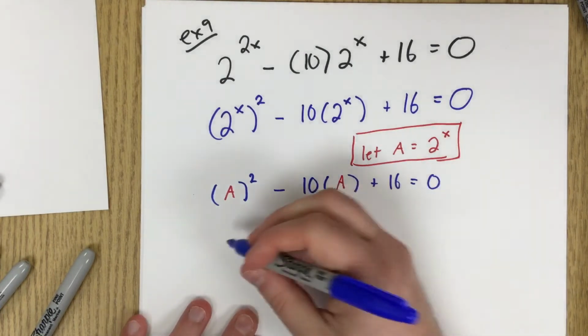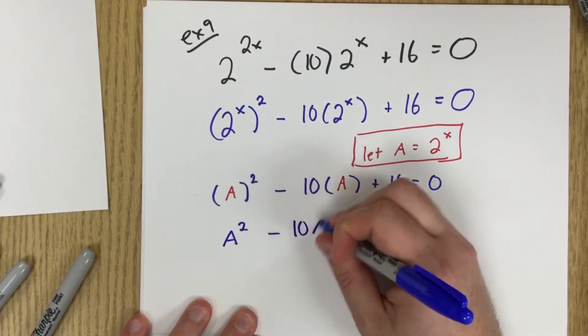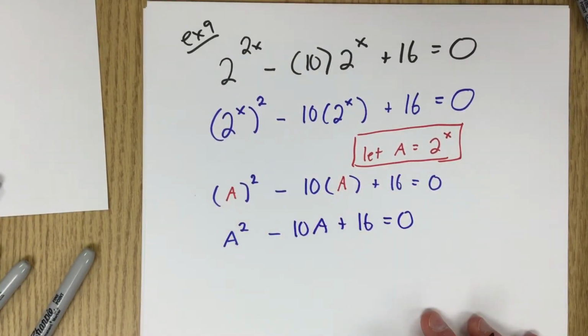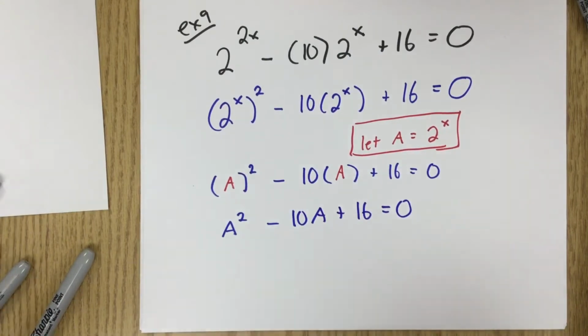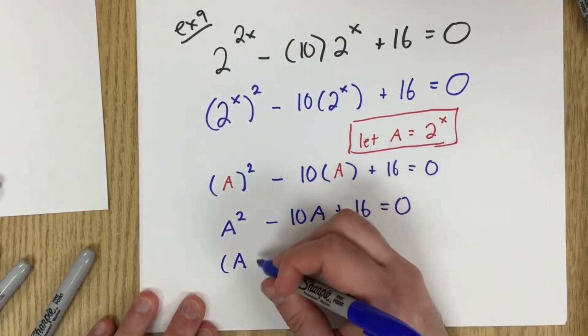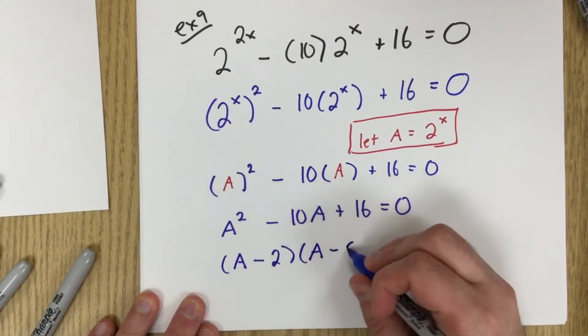So now what does our equation look like? Our equation has now become a squared minus 10a plus 16 equals 0. And this is a quadratic, and we're going to solve it by factoring. You could use the quadratic formula if you felt like it, or if we were unable to factor.